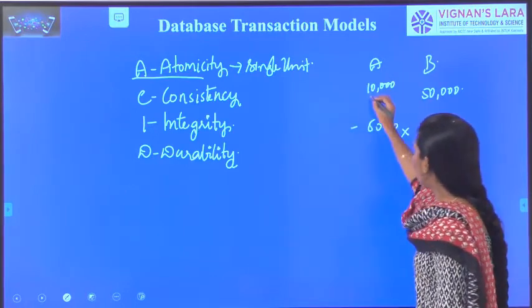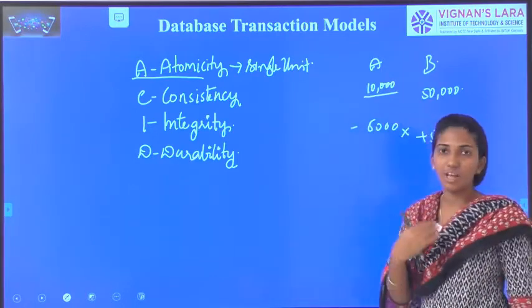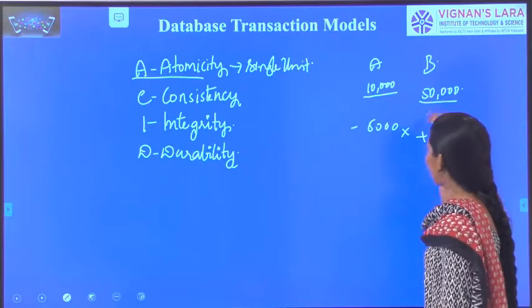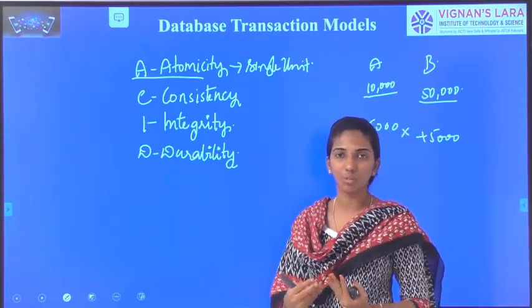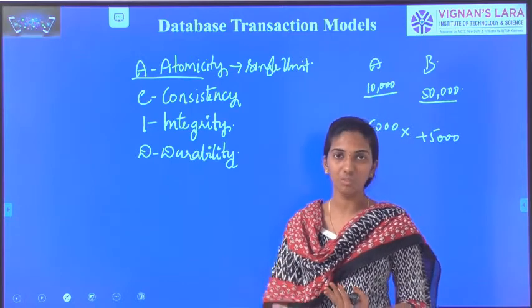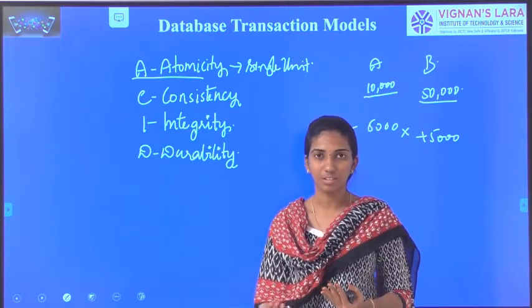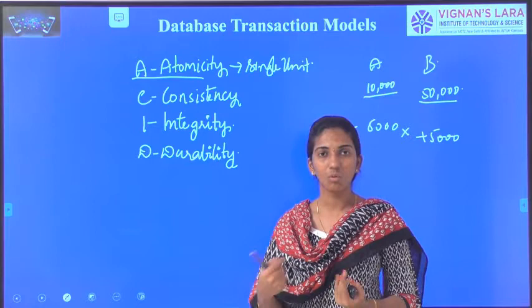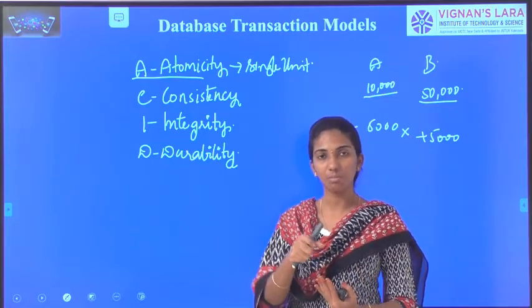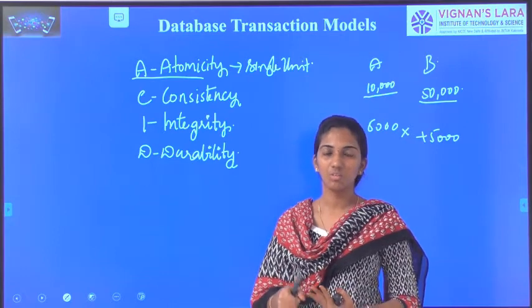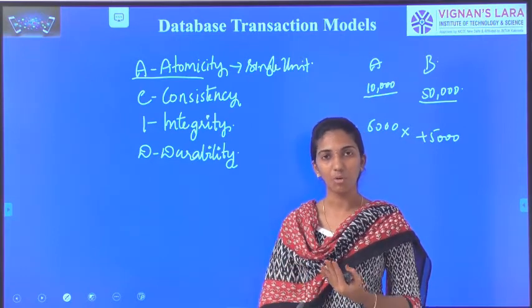So what happens now? The amount has been debited, but here it's not credited. So what happens in the real case? We'll wait for some amount of time, for 1 to 2 days, and then we'll complain to the bank agents. So what will they do? They will completely roll back the transaction. That means whatever money was stuck in the network without crediting, that amount will be rolled back.